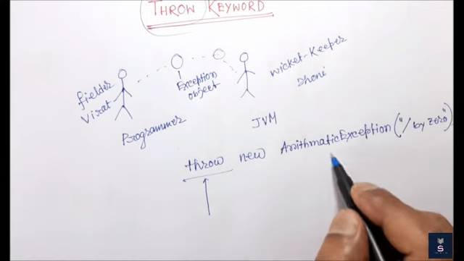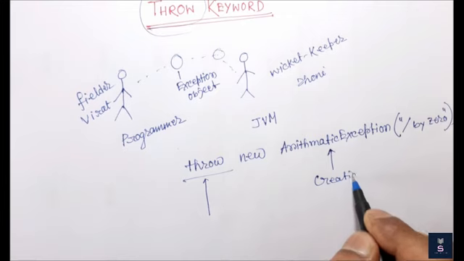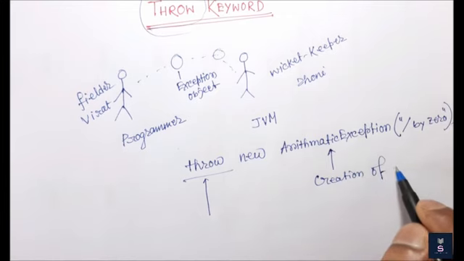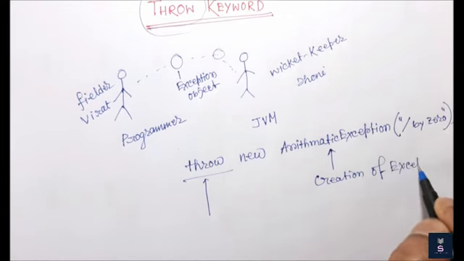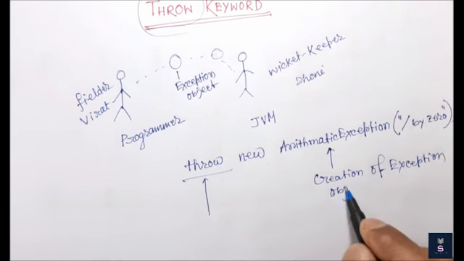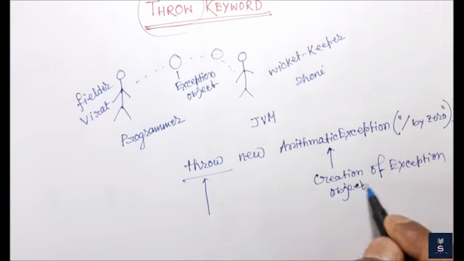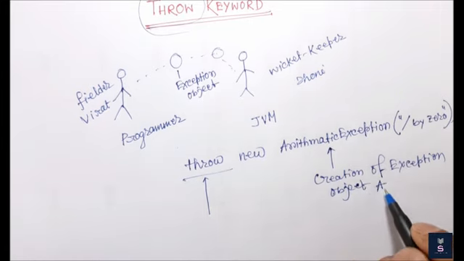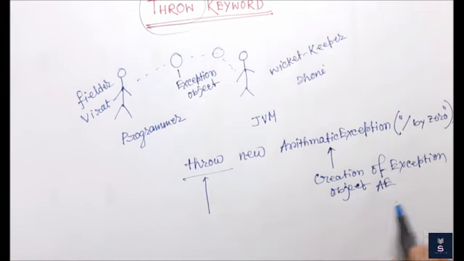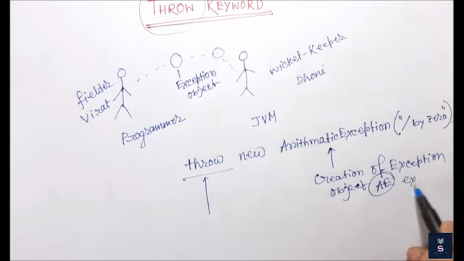Actually this means creation of an exception object, for example ArithmeticException, explicitly.